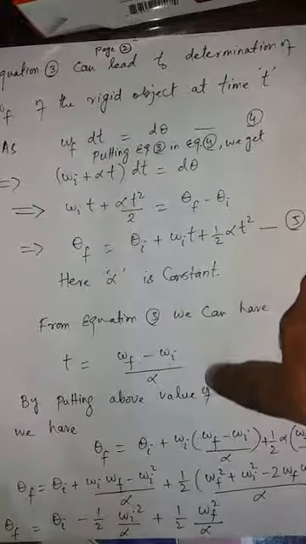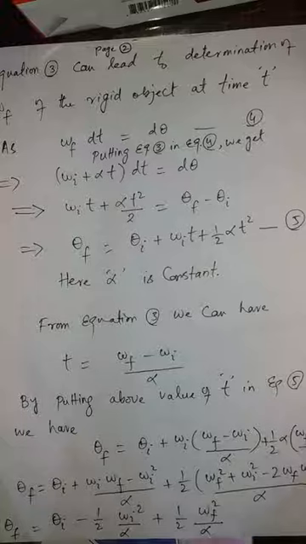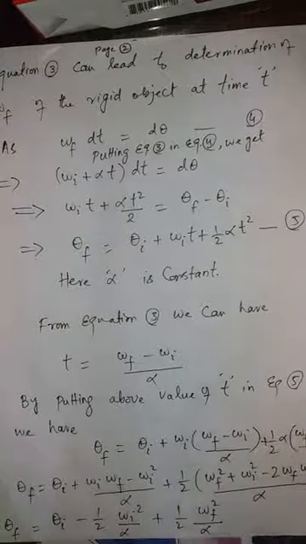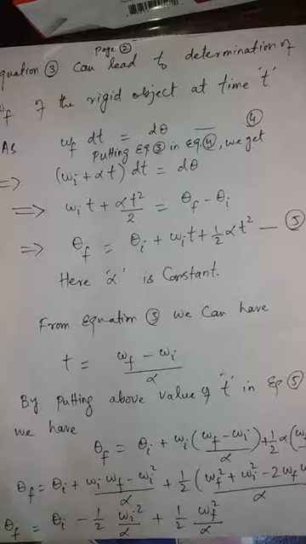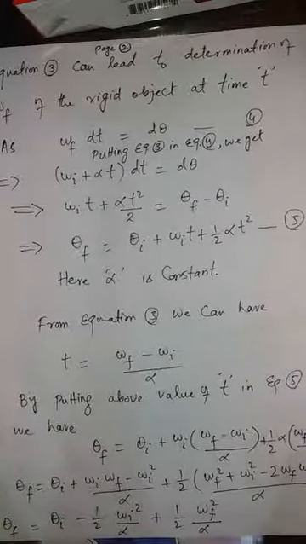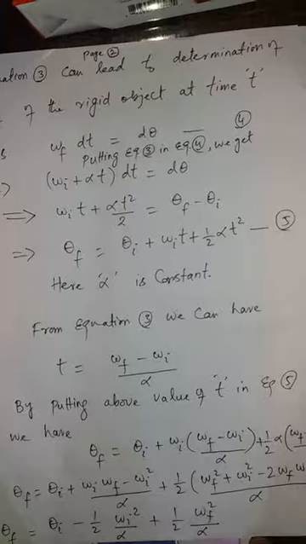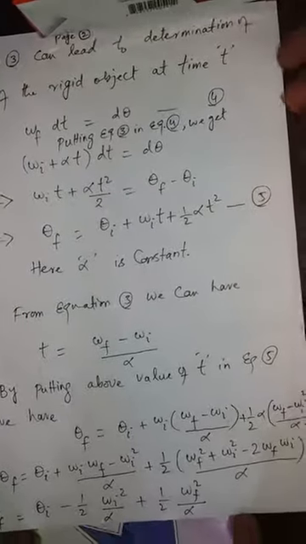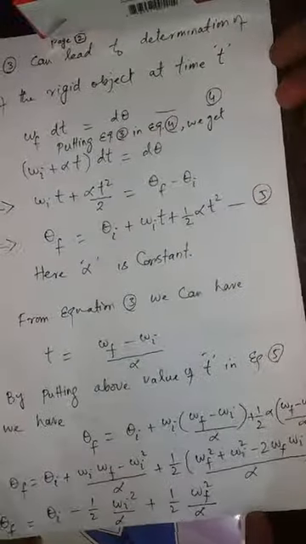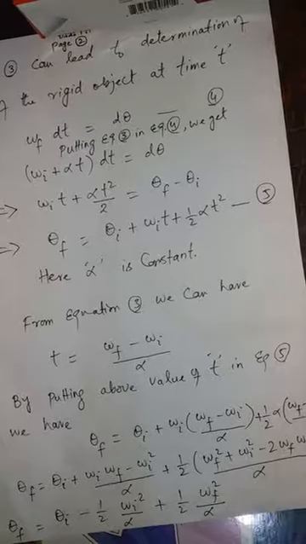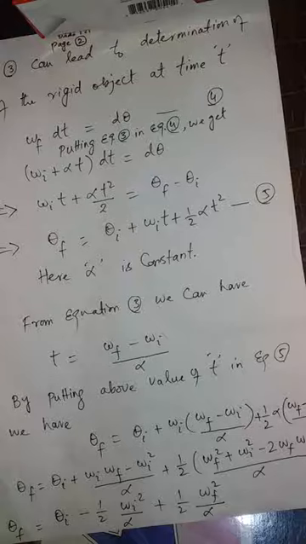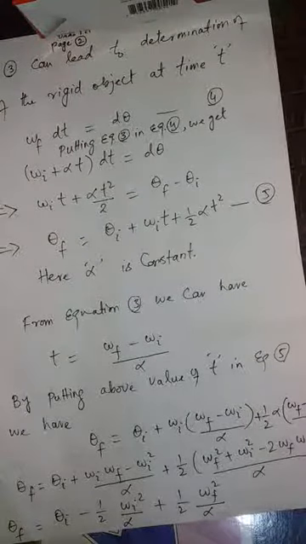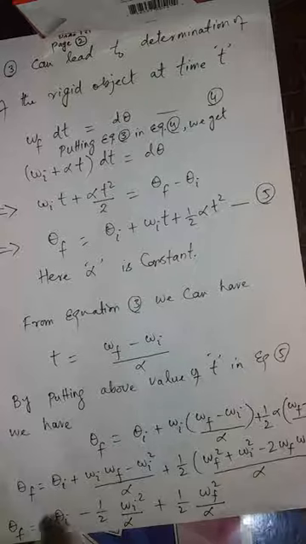And if we place this value of t in equation number 5, we get theta f equal to theta i plus omega i into omega f minus omega i over alpha, plus half alpha into omega f minus omega i over alpha, the whole squared.